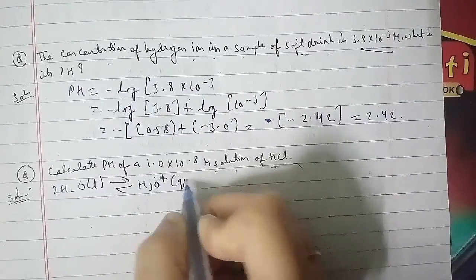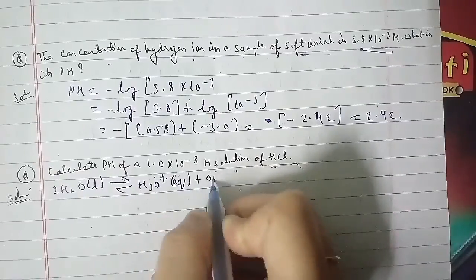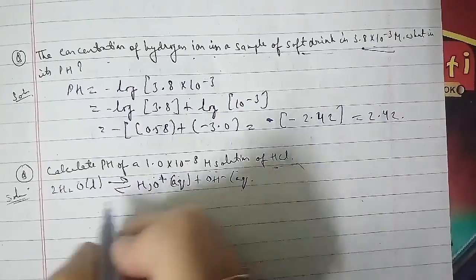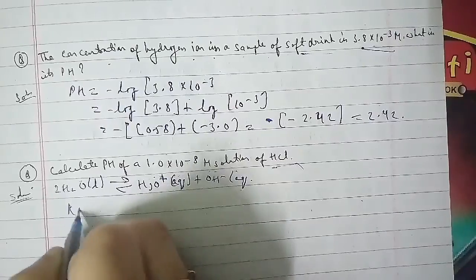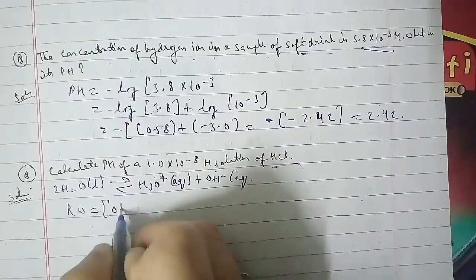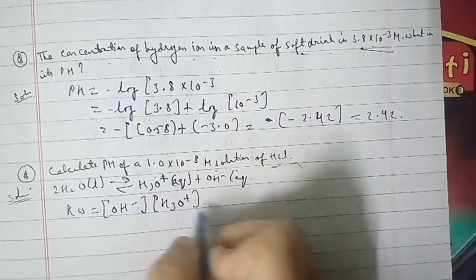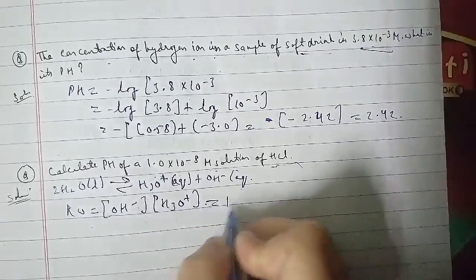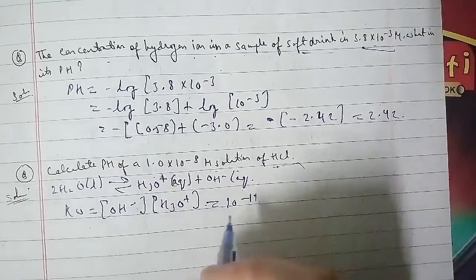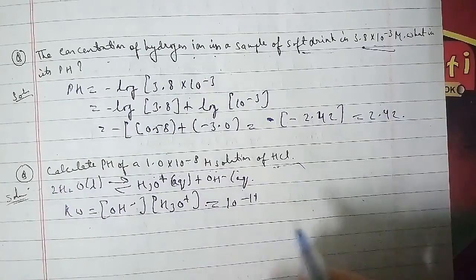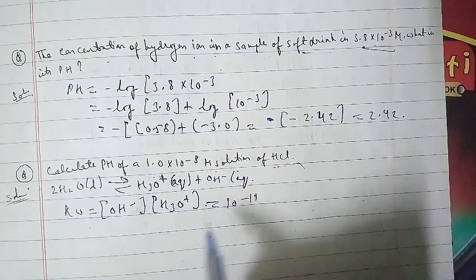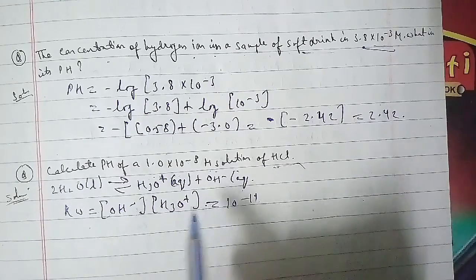So here, from the ionization of H2O in this very dilute solution, both sources of H3O+ must be considered, like [H3O+] equals 10 to the power minus 8 plus x. So Kw equals 10 to the power minus 8 plus x, multiplied by x, which equals 10 to the power minus 14.